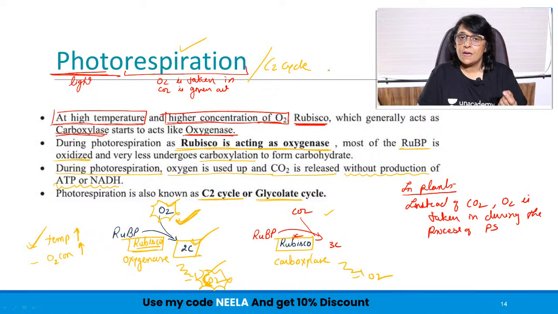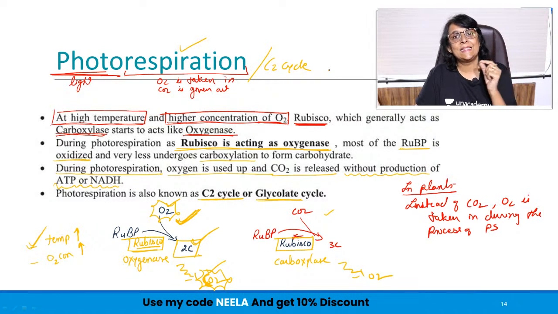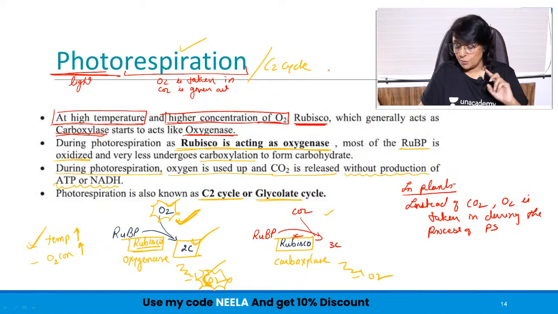But if conditions change, that is, temperature is high and oxygen concentration is more, then Rubisco, instead of carboxylase, starts acting like oxygenase. So it is because of the changed behavior of Rubisco.